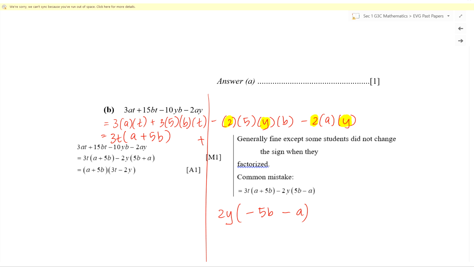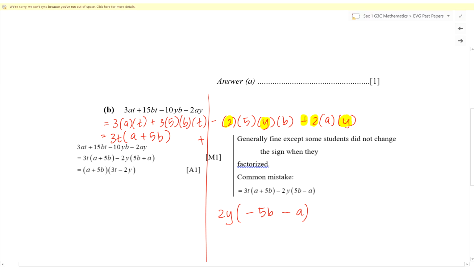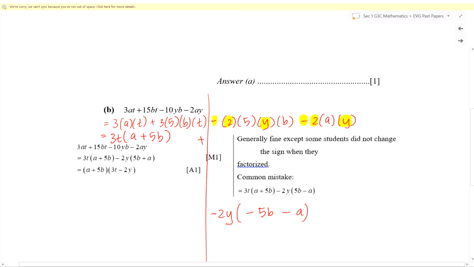That's where you need to recognize that we can actually factorize out the negative sign. Remember, we are always taking out whatever is common. We are factorizing whatever is common. There was another negative sign here. We could have extracted that out. Put it over here.